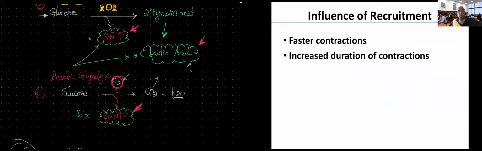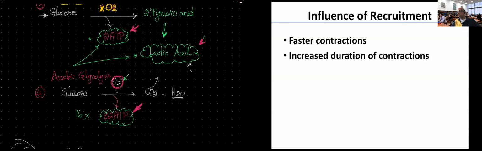Remember, what is recruitment? Recruitment is the process where you are activating more fibers. Try to imagine you have a company, you are hiring a number of muscle fibers within the muscle. The recruitment, if you remember, is determined according to the strength of the stimulus that you are receiving. Also, recruitment affects the duration and the velocity of the contraction.